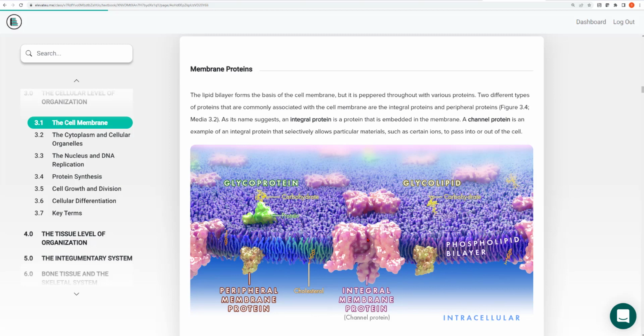Other proteins are present only from the inside, you see this one, or only present from the outside. Those proteins are referred to as peripheral proteins because they're only in the periphery, on the outside or on the inside edge. So peripheral proteins, there's some shown here.